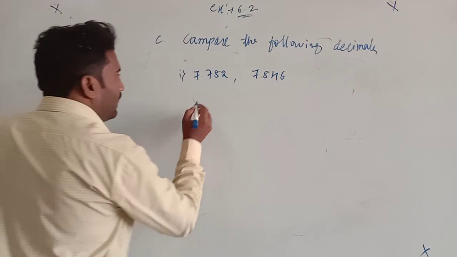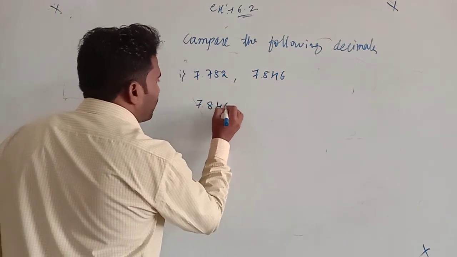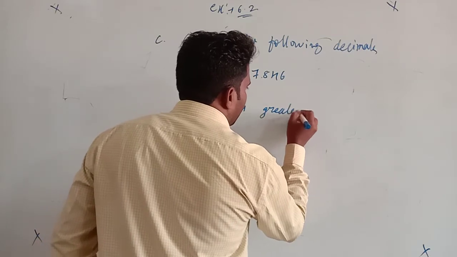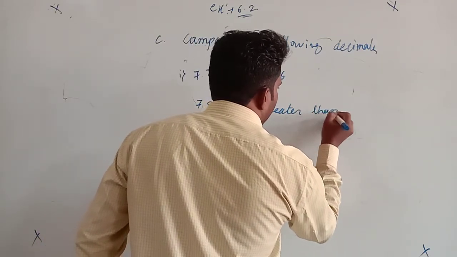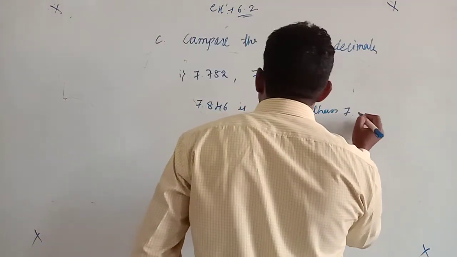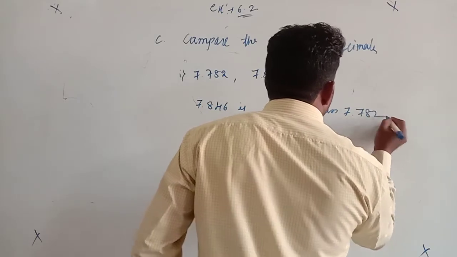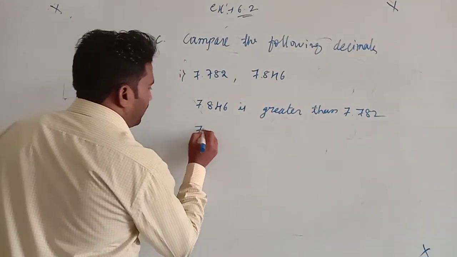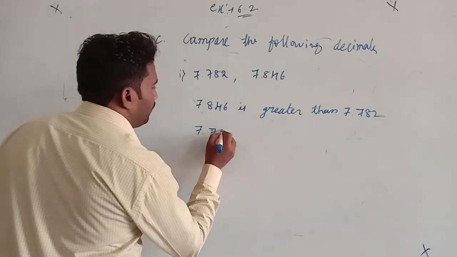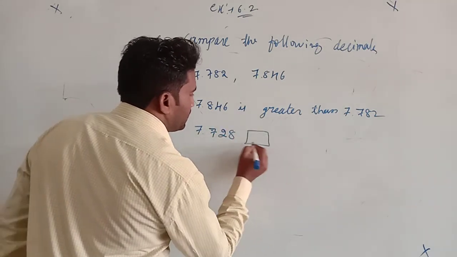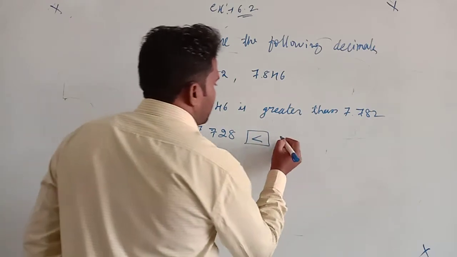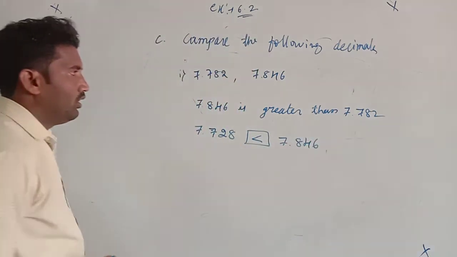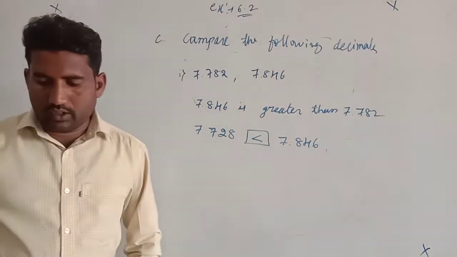We can write 7.846 is greater than 7.782. It means 7.782 is smallest, 7.782 is smaller than 7.846.